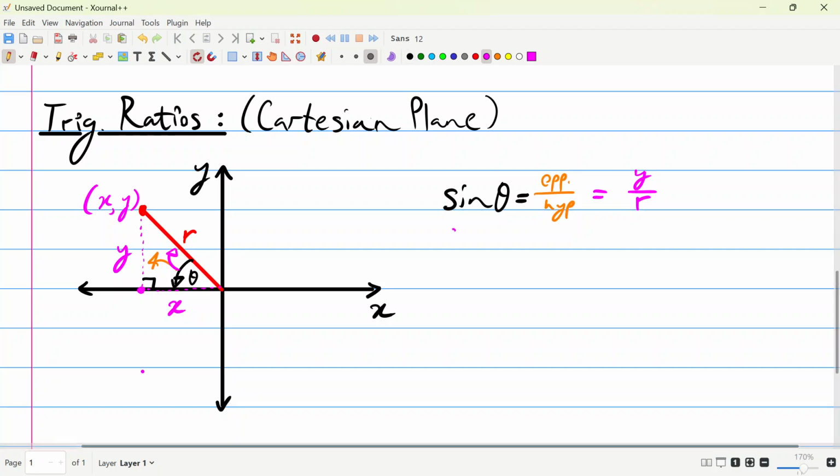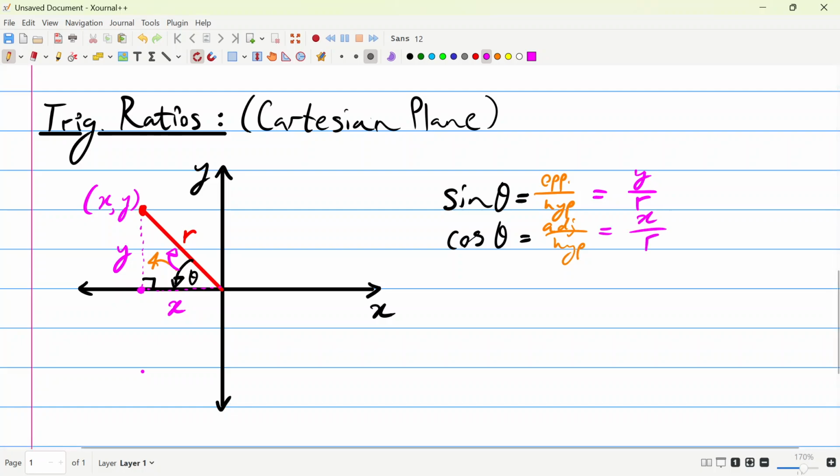Then cos of theta is just going to be equal to the adjacent over the hypotenuse. And notice, for this one, the adjacent side to theta is just x, and the hypotenuse is r as well. So it's going to be x divided by r in terms of the Cartesian plane.